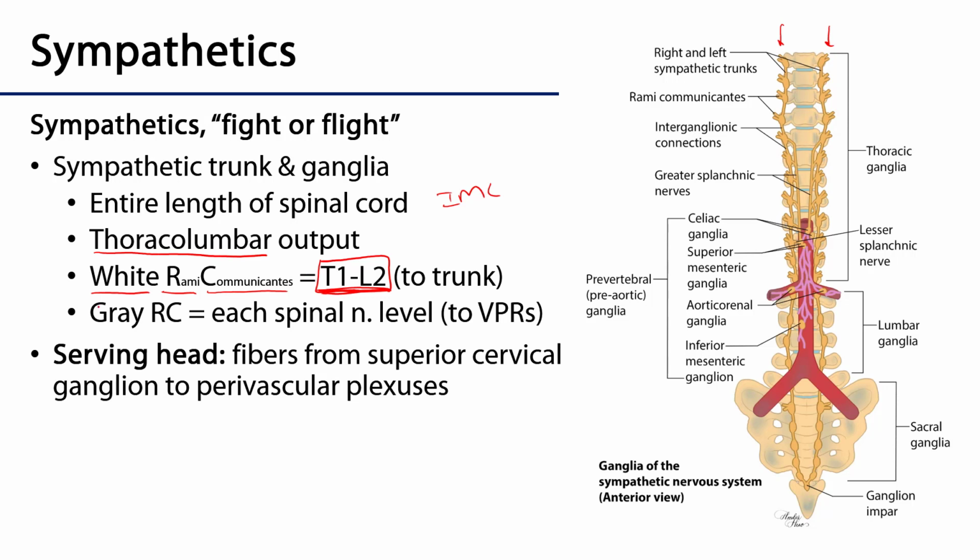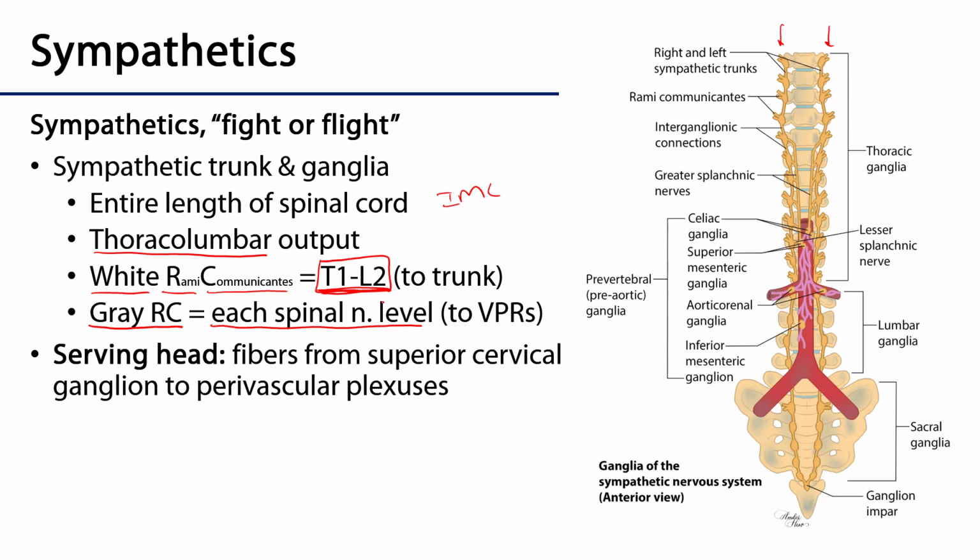And then many of them come back to the ventral primary rami via gray rami communicantes. These gray rami communicantes are going to return to VPRs at every spinal nerve level. And so we see gray rami communicantes the entire length of the spinal cord and beyond.